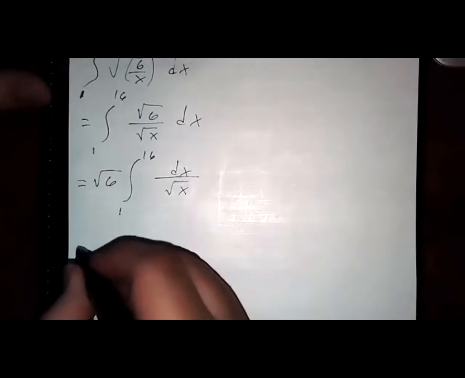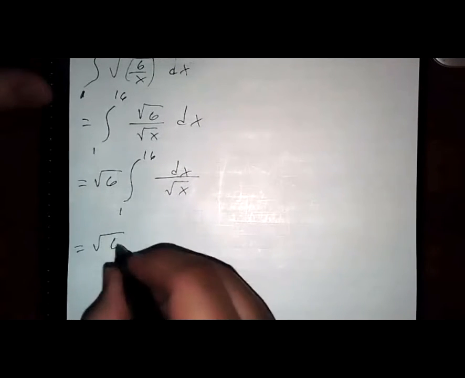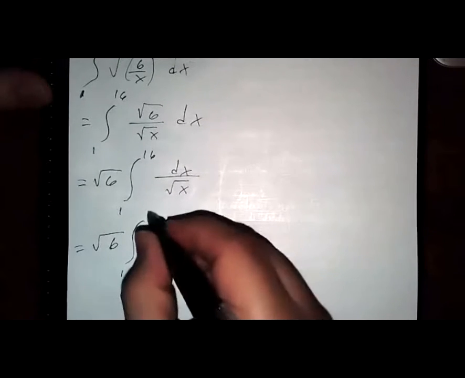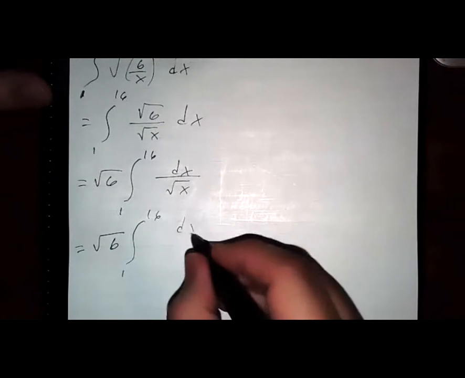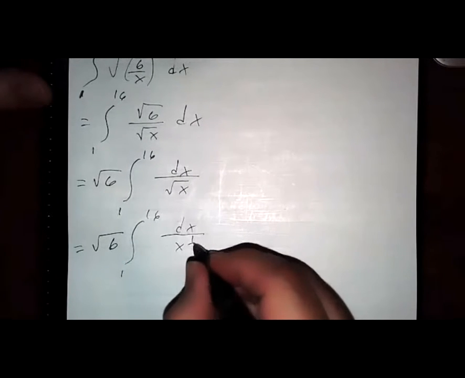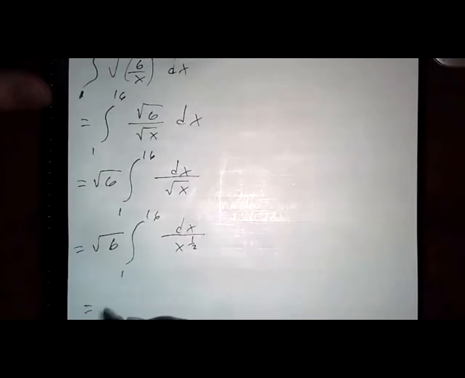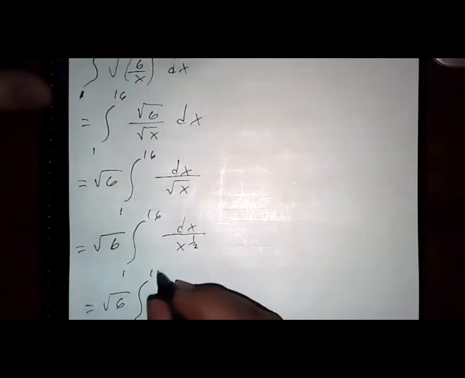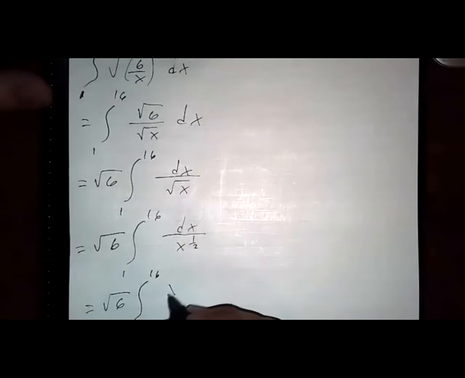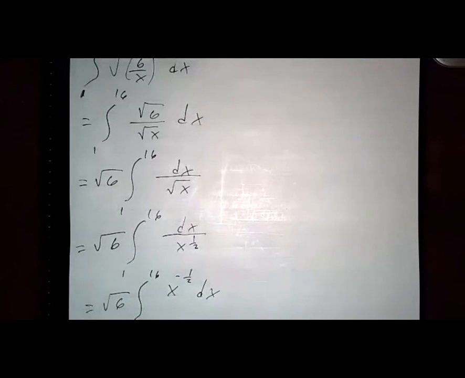And then you could rewrite that as x to the negative 1/2, right? Which is just a negative power, and just do a power rule, right?